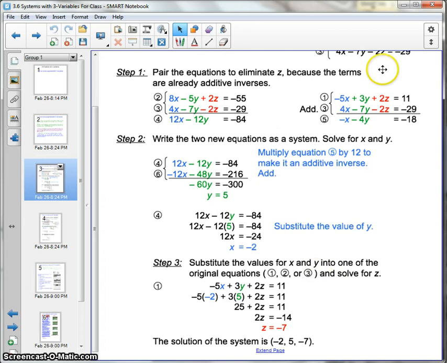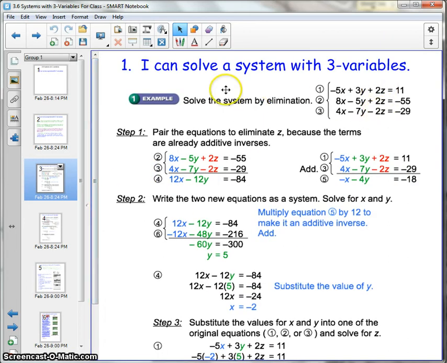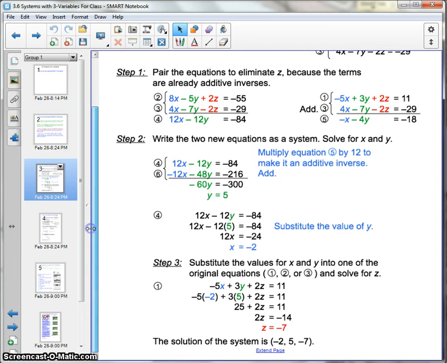You can pick 1, 2, or 3, any of these three equations, plug in our x and y, and find our z value, which is negative 7 in this case. The solution for this system with three variables is written as your value for x, then your value for y, then your value for z, and it's still written as an ordered pair.